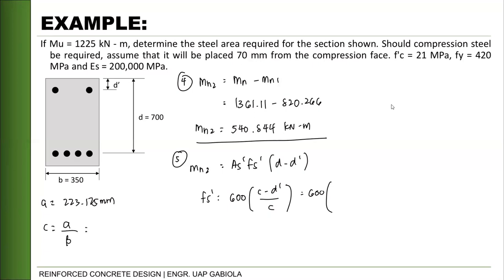So that is 223.125 divide 0.85. That is 262.5. So 262.5 minus 70 daw yung magiging distance ng compression reinforcement natin, over 262.5. So Fs prime is 600 times (262.5 minus 70) over 262.5.